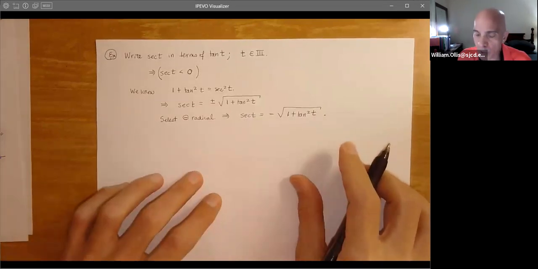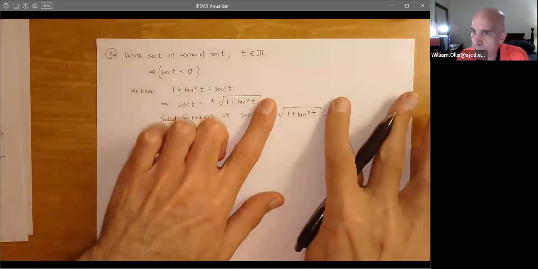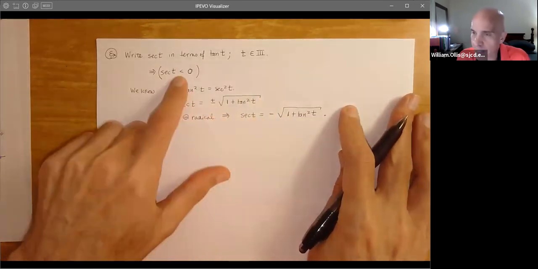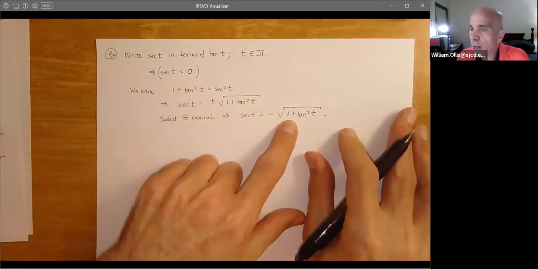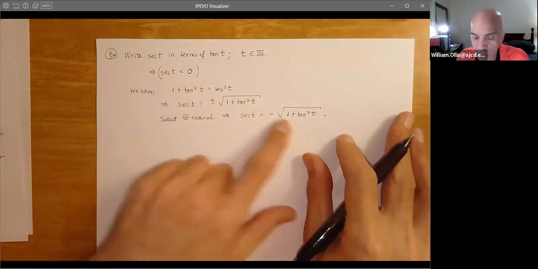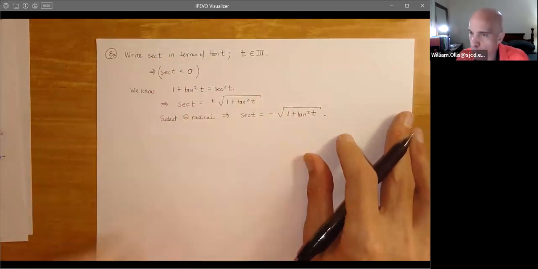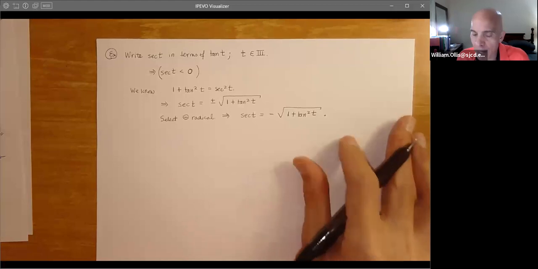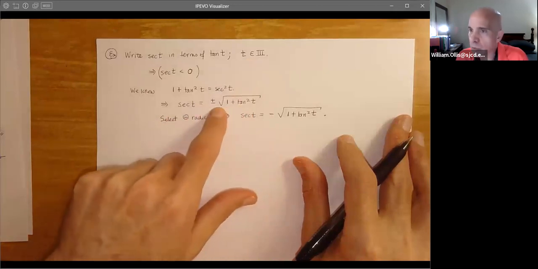So the idea here is that this part is positive and the negative makes this less than 0. So this is a verifiable expression of secant t in terms of tangent t. What's important here is that if we're not given information about where t terminates, this is the best we can do.